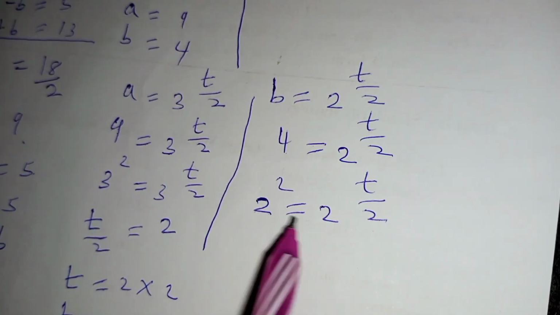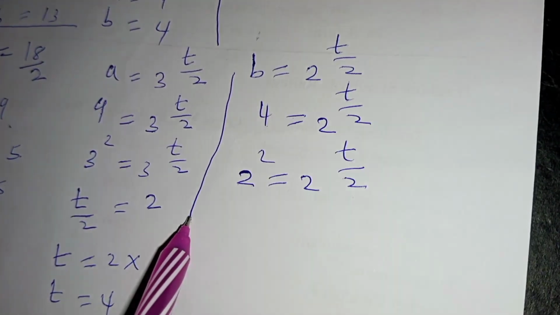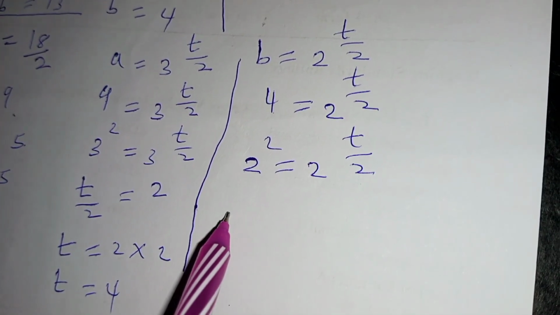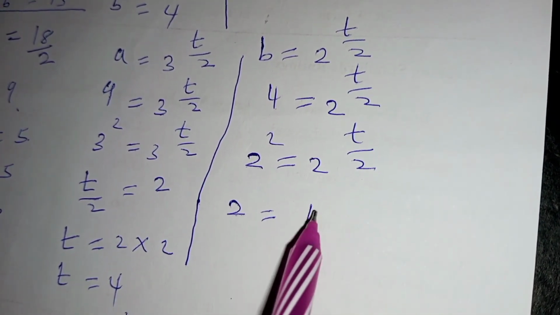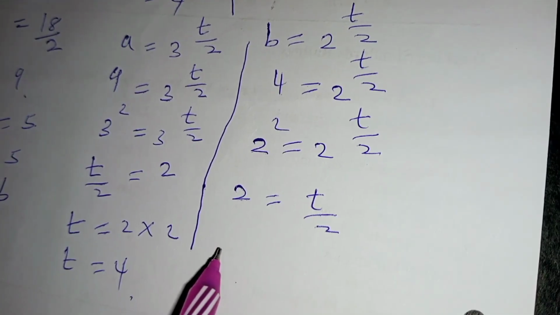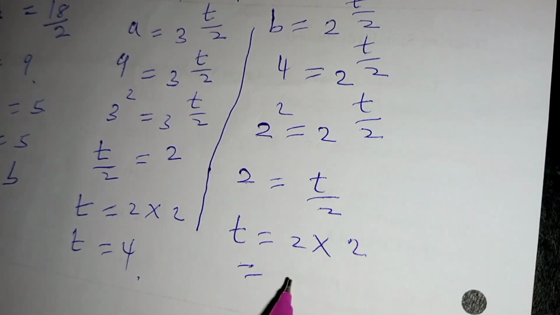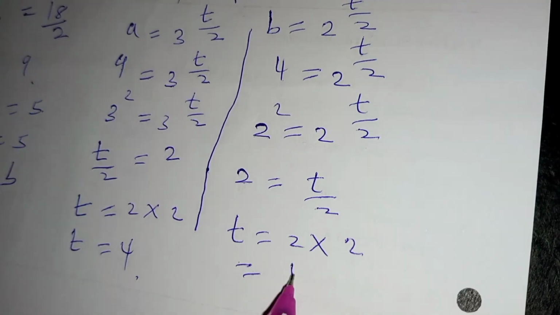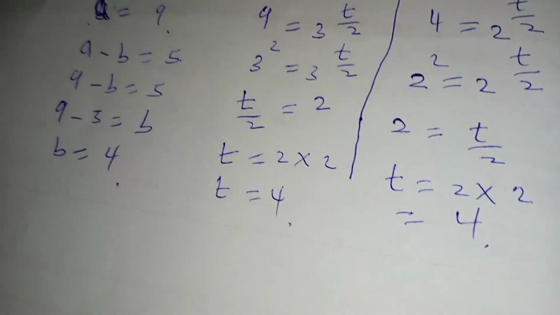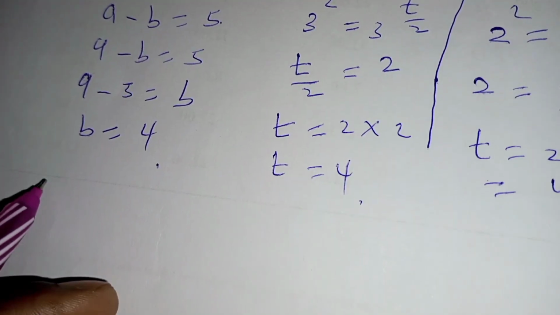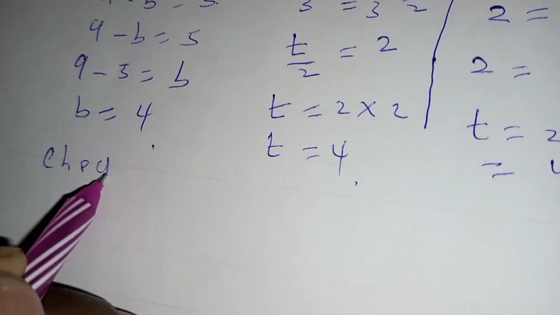When bases are equal, we normally equate the index. So t over 2 is equal to 2, so t is equal to 2 times 2, which is equal to 4. Then we go back to our equation and check whether our working is correct.